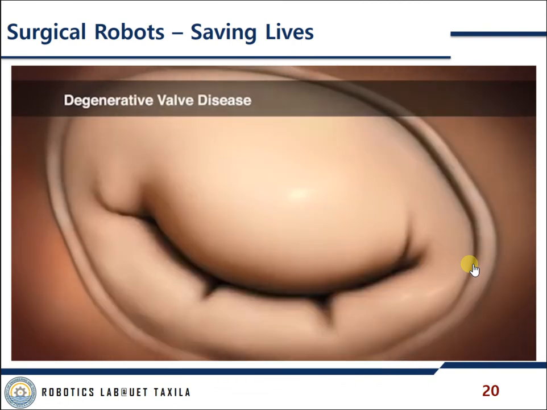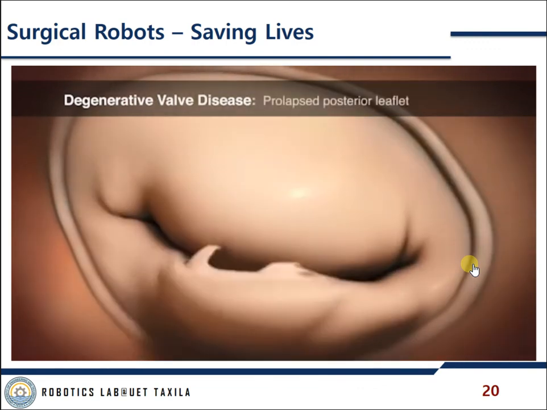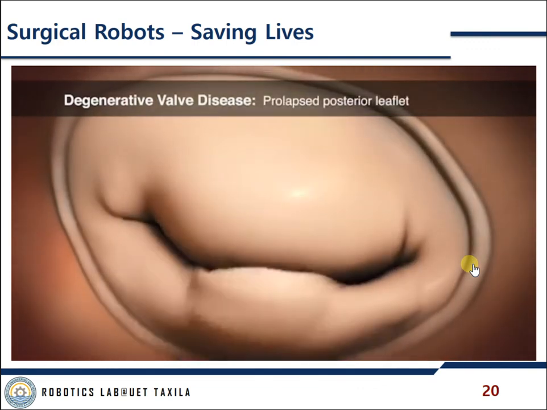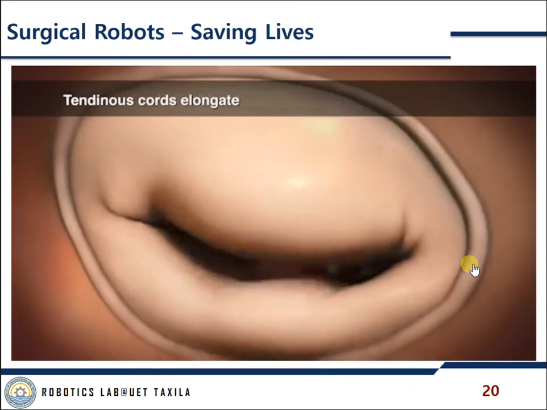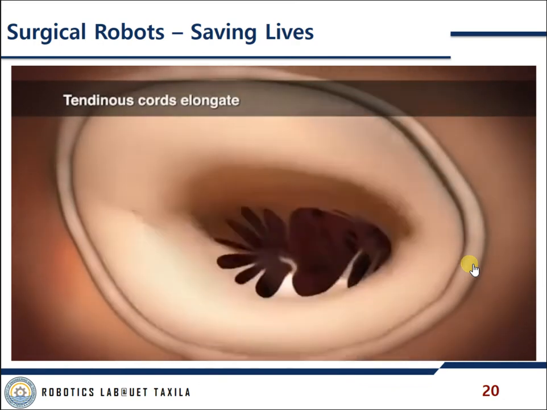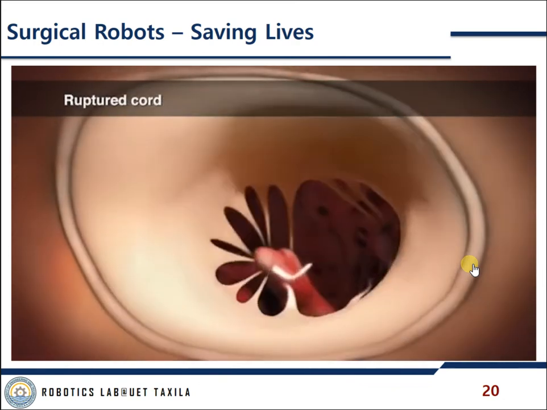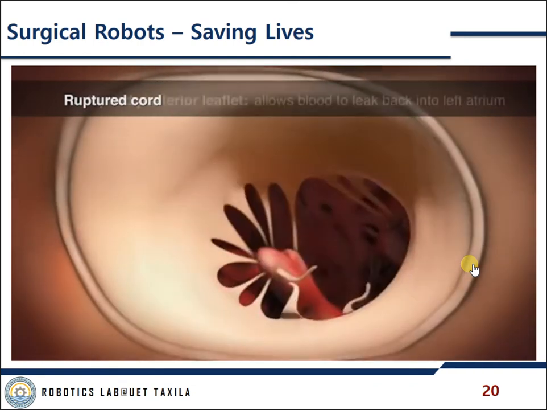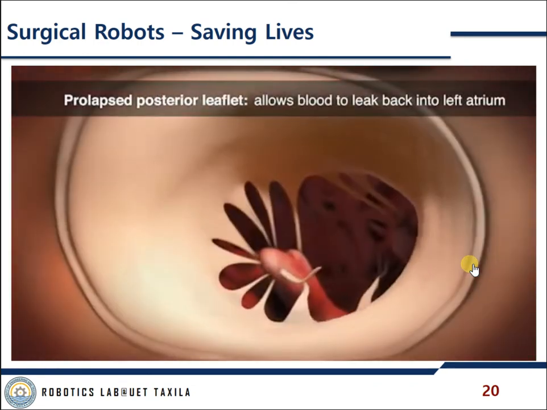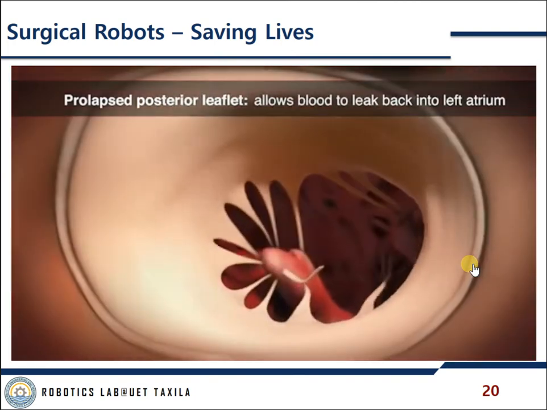If you have mitral valve disease, your posterior leaflet enlarges and projects or prolapses into the left atrium. This may result from your cords elongating or rupturing. The damaged valve allows blood to leak or regurgitate back into your left atrium.